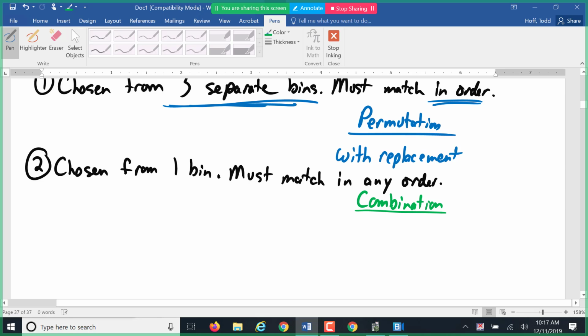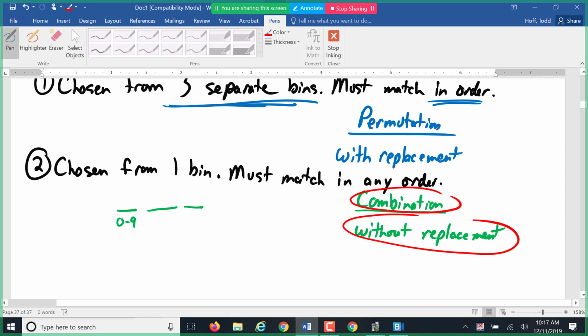Since it's chosen from 1 bin, once the number is chosen from the first one, for the second one there's 1 less possibility. And the third one, the second less possibility. So this is without replacement. So far, all of the combinations we've talked about have been without replacement. And the formula for combinations is assuming that it's without replacement. That combination of n things chosen R, when we're choosing R of them, assumes no replacement.